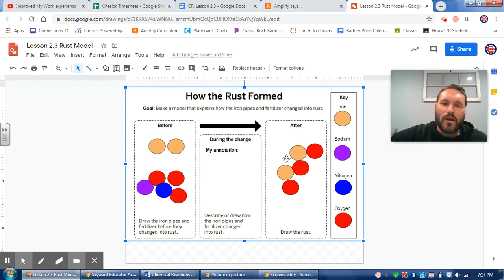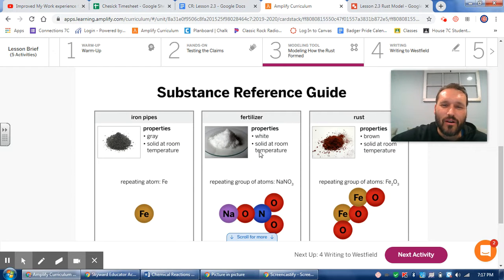I'm not going to do this part with you, but what I'd like you to do is add an annotation in. I'd like you to describe how the iron pipes and the fertilizer changed into rust. Something you may want to add in your annotation would be how the properties changed. For instance, the iron pipe was gray, the fertilizer was white.